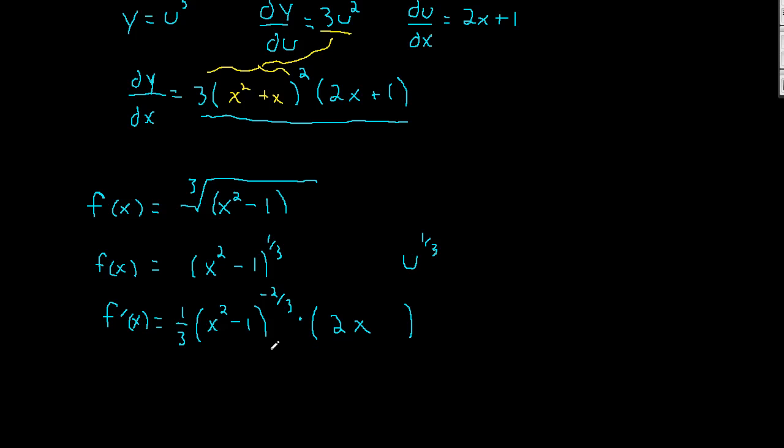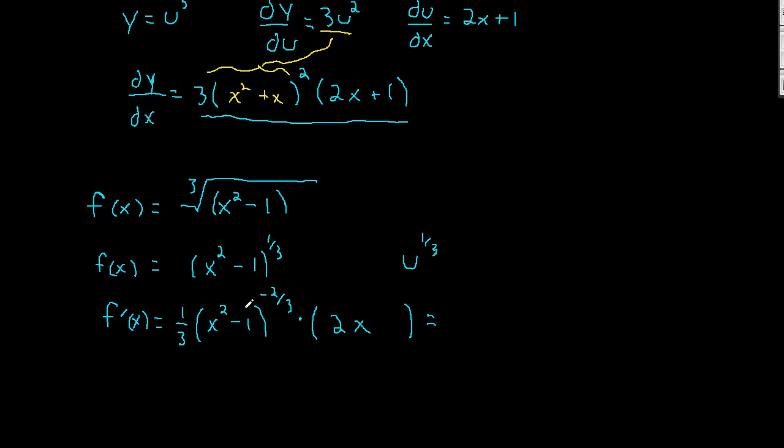Okay, the last thing to do here would be to maybe simplify this a little bit. Typically, we want to deal with the negative exponent. It's not that big of a deal, but you can do that if you'd like. Okay, let's go ahead and see if we can simplify this.